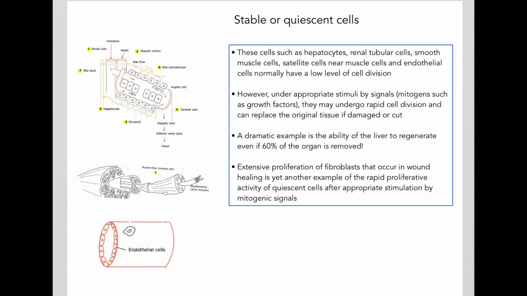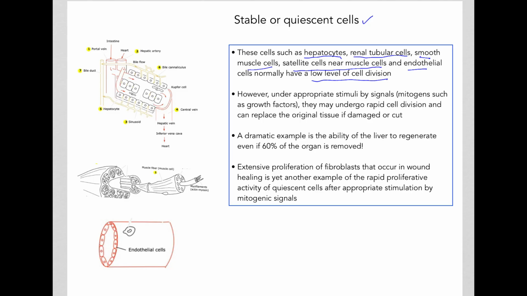And then we have these stable or quiescent cells. Now these cells, such as hepatocytes, the renal tubular cells in the kidney, smooth muscle cells, satellite cells near the muscle cells, as well as the endothelial cells, normally have a very low level of cell division. So they don't divide much at all.